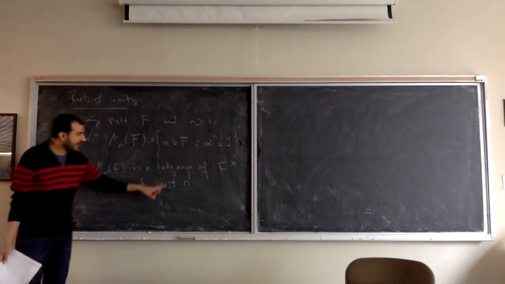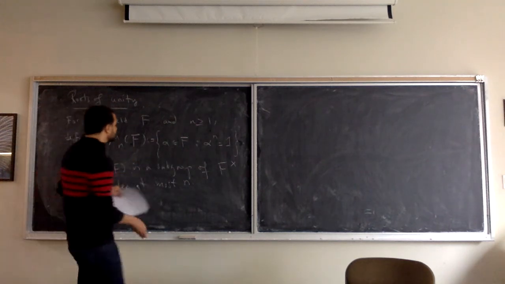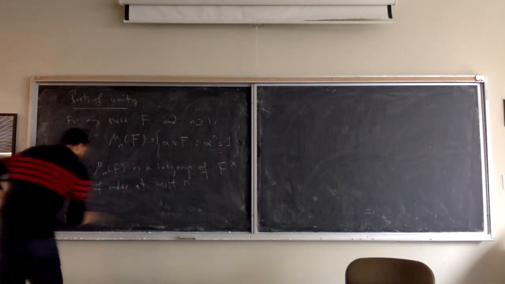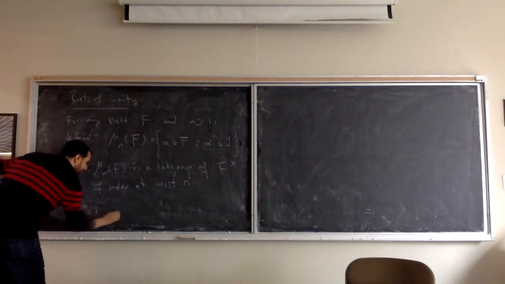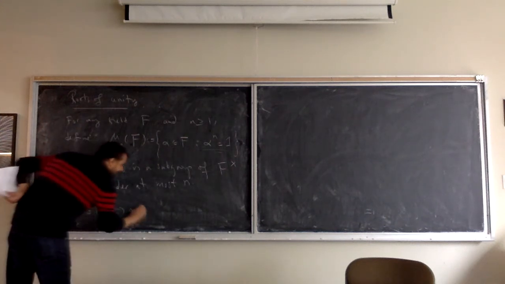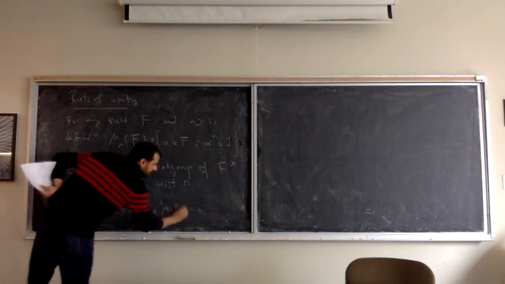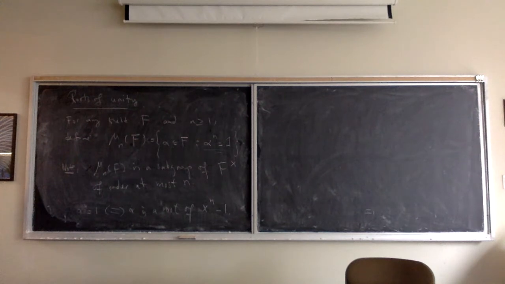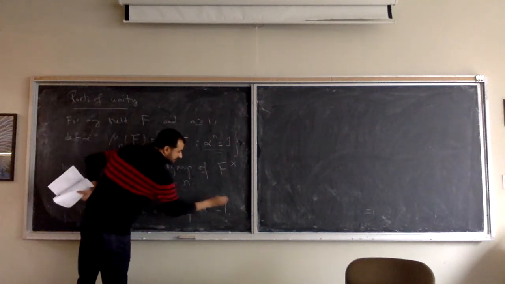Why is the order at most n? It's because if you look at this definition, when you say alpha to the power of n is equal to 1, what does that mean? That means alpha is a root of x to the power of n minus 1. This is a polynomial of degree n.